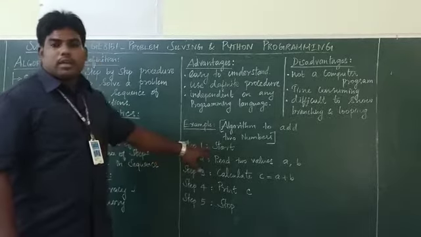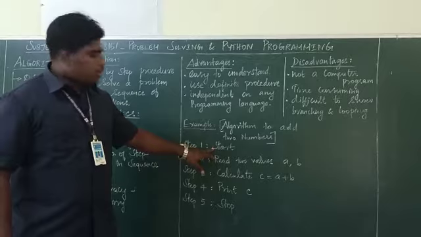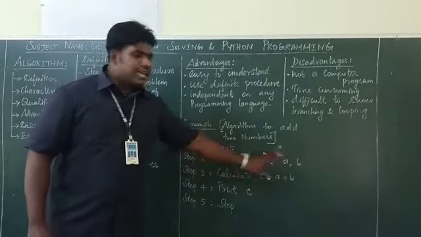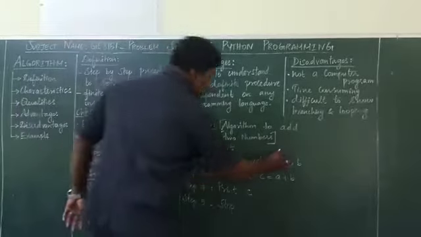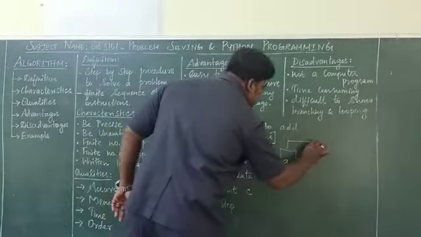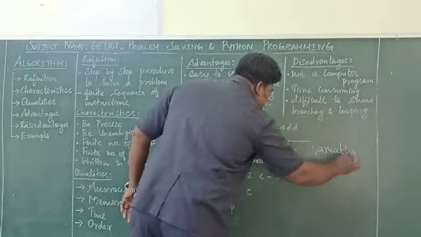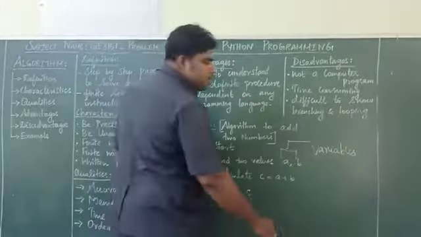First step, start. I am going to start the algorithm. Then read 2 values A and B. What are this A and B? A and B are called variables. Why do we need variables?